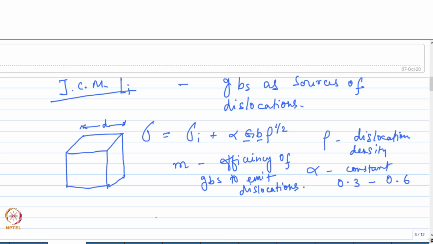And this is nothing but equal to the length of dislocation emitted per unit area of grain boundary at yielding.